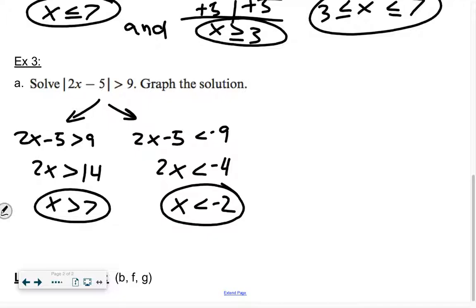Those are the 2 that I'm coming up with. And it's an or scenario. It is or because it's a greater than. Remember, greater has that OR.